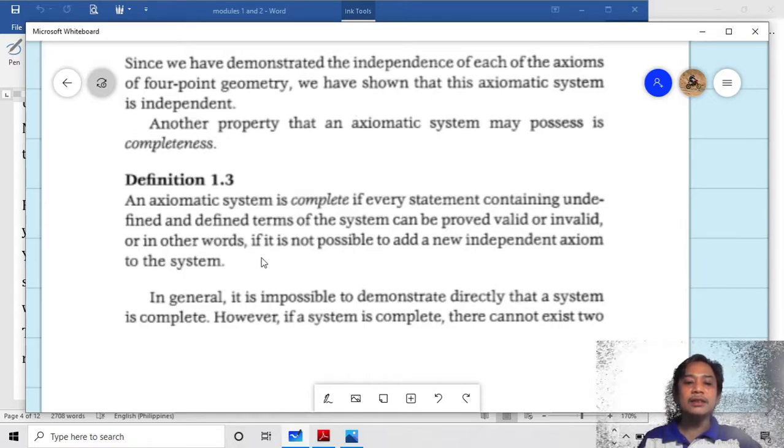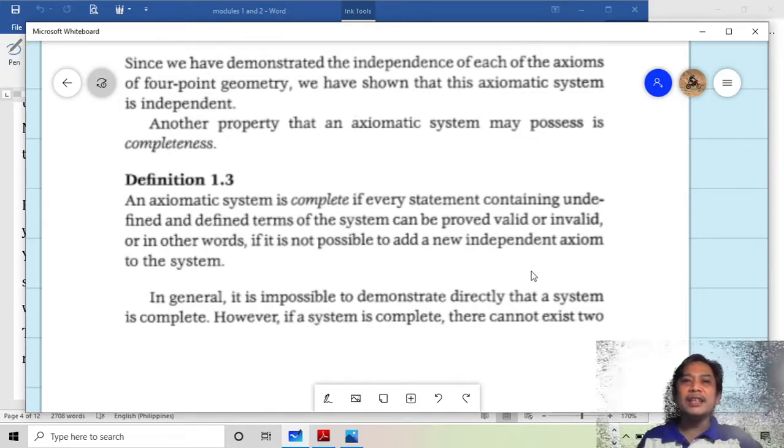In other words, it is not possible to add a new independent axiom to the system. Meaning to say, proving new observations does not require additional assumption or an additional axiom. Therefore, the system is complete.